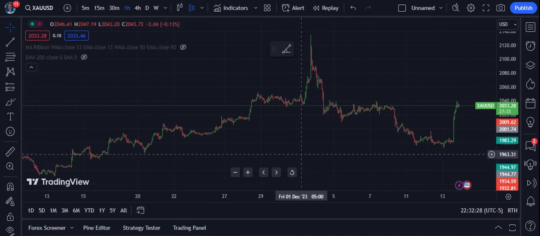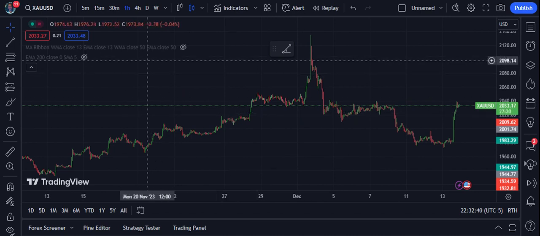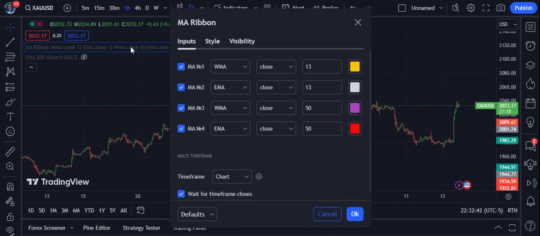So the ribbon strategy that I'm going to be showing you guys is basically four moving averages that I'm going to be using in this strategy. I'm going to show you all the settings, and the name of this indicator is MA Ribbon, which shows you four different types of moving averages. For my strategy, I'm going to use the 13 WMA, which is the 13 weighted moving average.